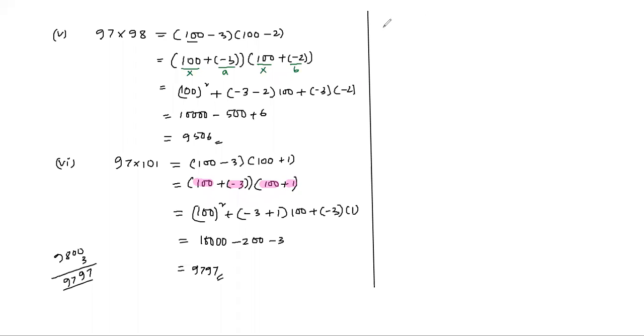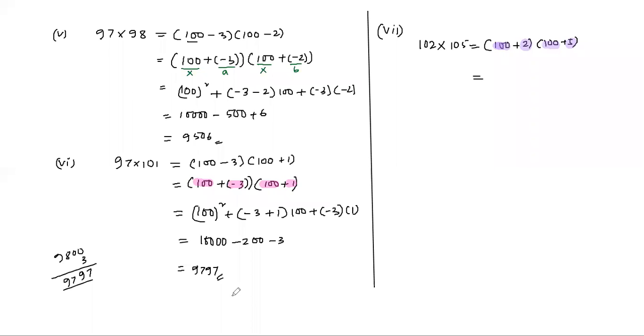So now next problem is, let me consider only one of this kind. 102 into 105. So this I can write as 100 plus 2 into 100 plus 5. So now as usual, you can easily see that this can be treated as x, this can be treated as x, this is a and this is b.